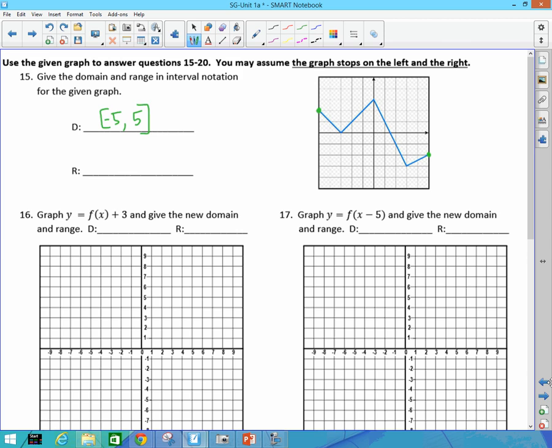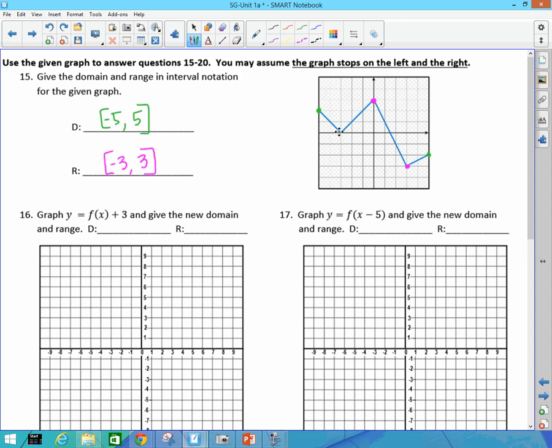To find the range, we look for the lowest point, and the lowest point is -3, and the highest point is +3. So there's the domain and range on my graph, and you can see how the points match up.